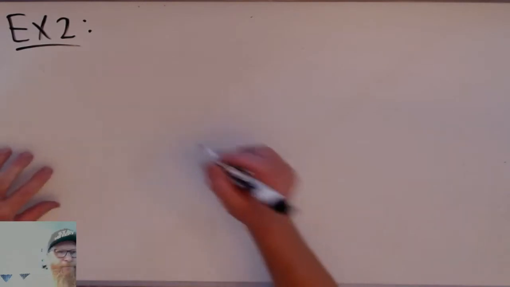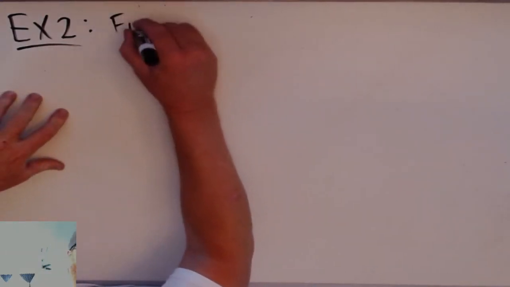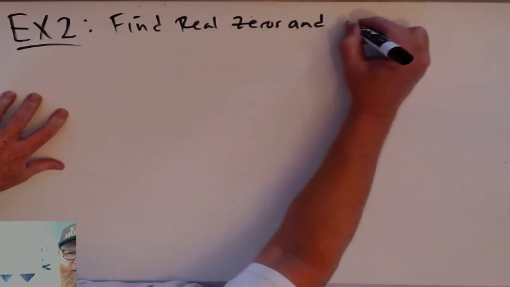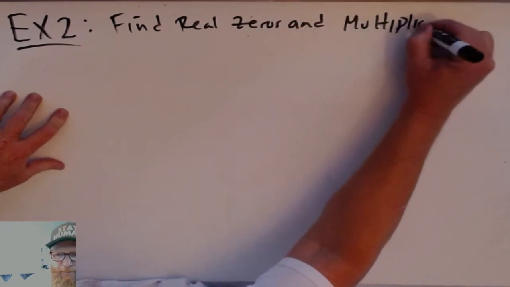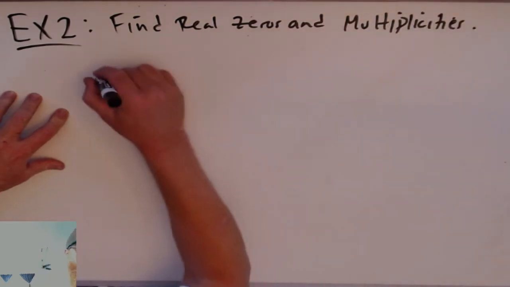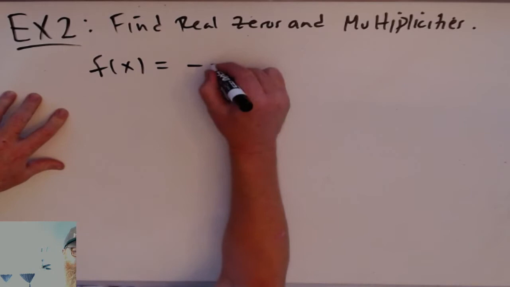All right, let's try another one. Find the real zeros and the multiplicity. For this one, I'll skip the graph and we'll just get right into the work here.